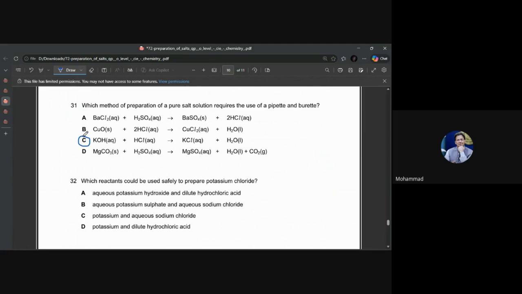Like barium chloride and sulfuric acid will form barium sulfate, which is insoluble, so it will be the precipitation method. Very good. Why not B? Because this method uses an excess insoluble base method. Yes, option C is the correct option, and why not D? Because it requires excess insoluble carbonate, the excess method.